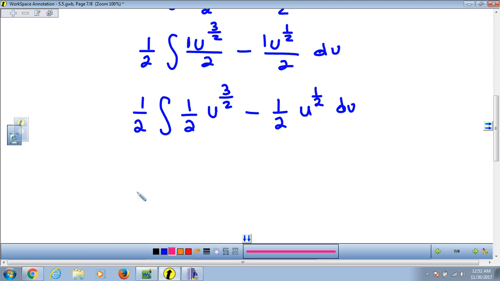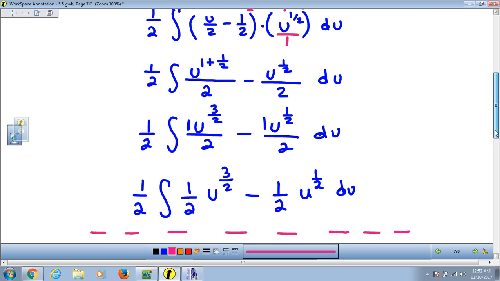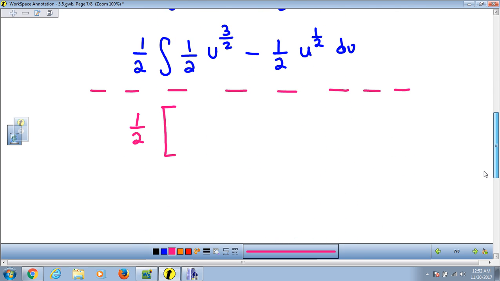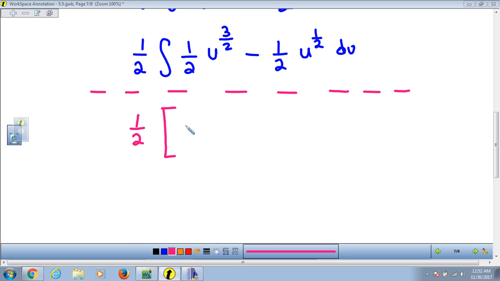So at this point, I'm gonna do here a dotted line, and this is where you start doing the integration, just for you to see the difference in where we change from doing simple algebra to simplify and simplify and simplify as much as possible, and then the integration. So then the integration of this is going to be the 1/2, keep it as a constant.